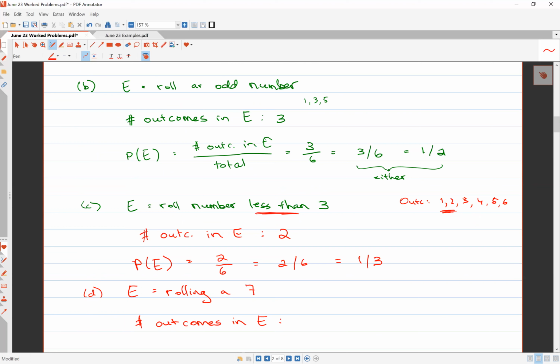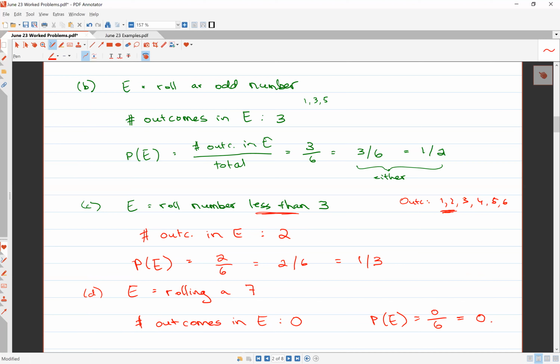There is no outcome that gives us a 7. So that's 0. And so therefore the probability will be 0/6, which is just 0. That is an example of an impossible event. If you roll a standard 6-sided die, it's impossible to roll a 7. So it makes sense that the probability for that is 0.